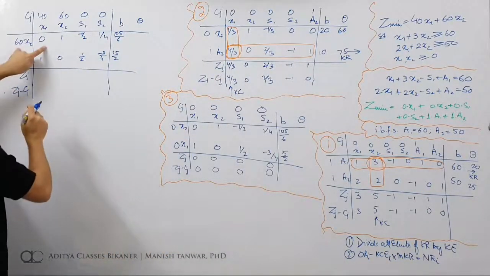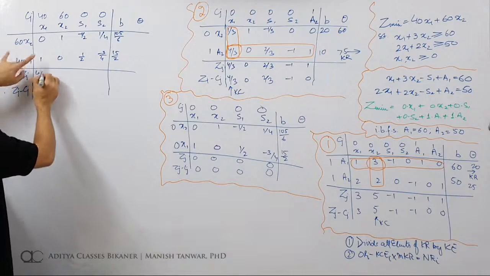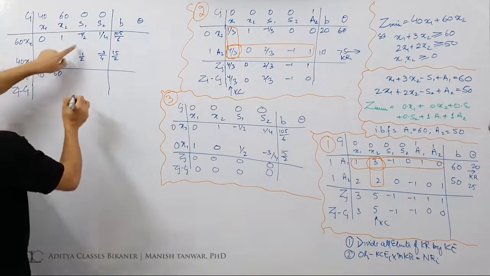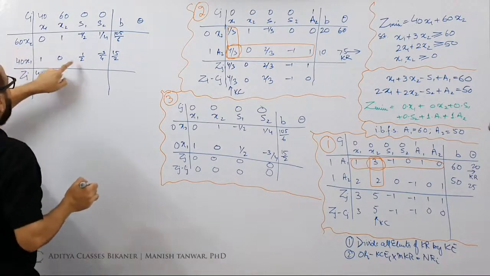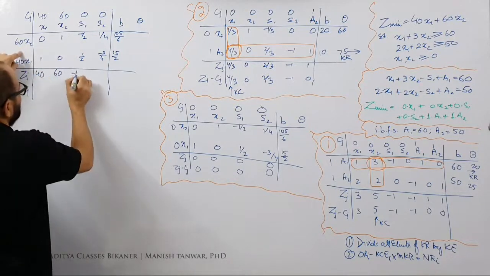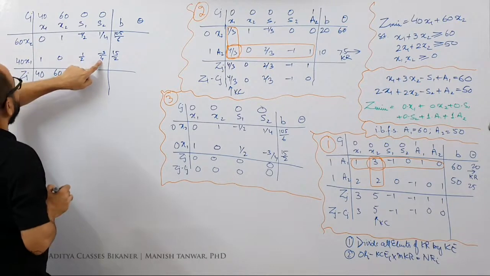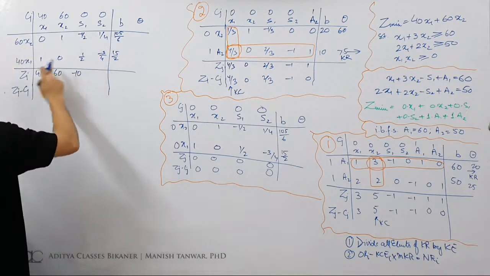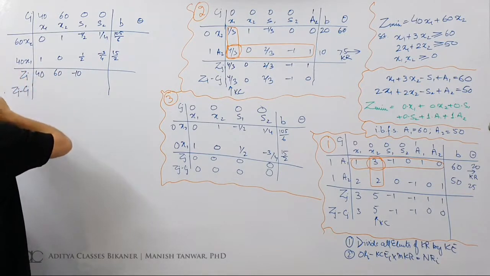So let us find out 0 and 40. This will become a 60 plus 0. Then this will become minus 30 plus 20 minus 10. And finally this will be 15 and this will be minus 30.